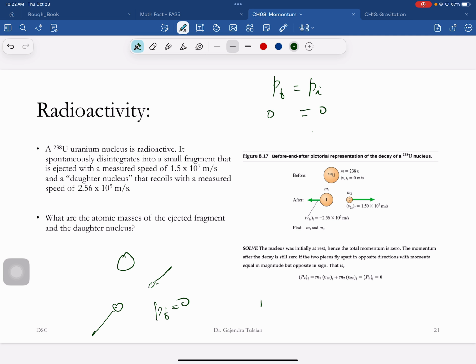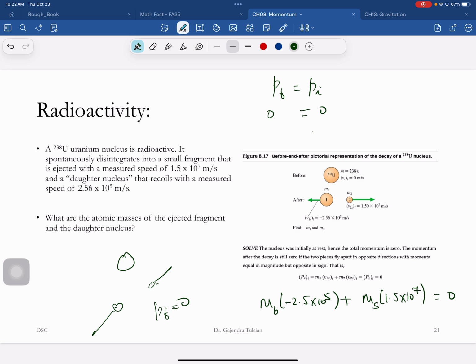So the mass of the big fragment times its speed, minus 2.5 times 10 to the 5, plus the mass of the small fragment times its speed, should add up to 0.